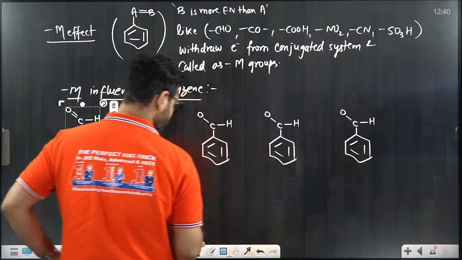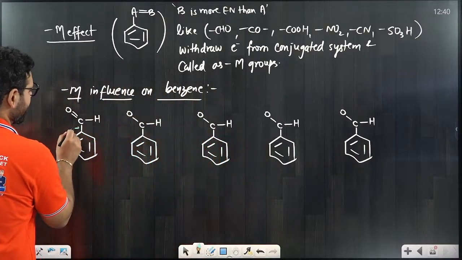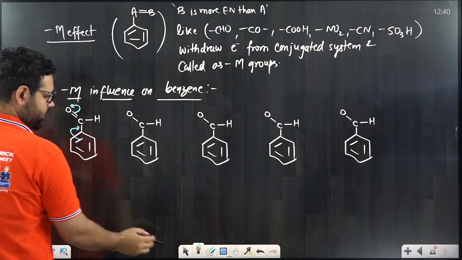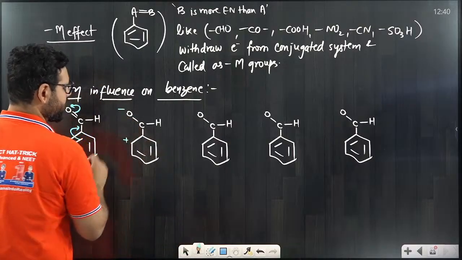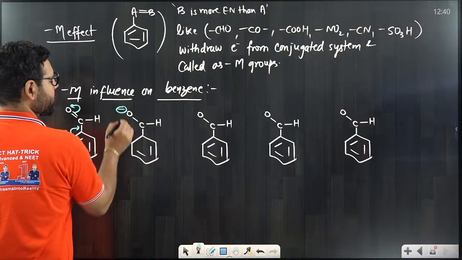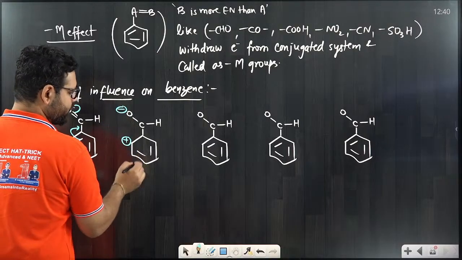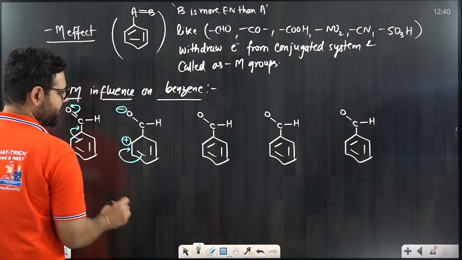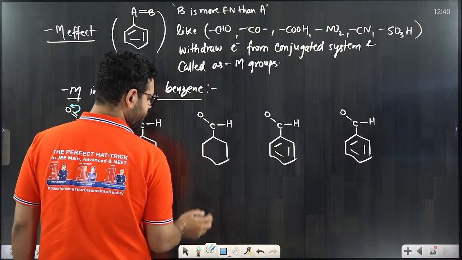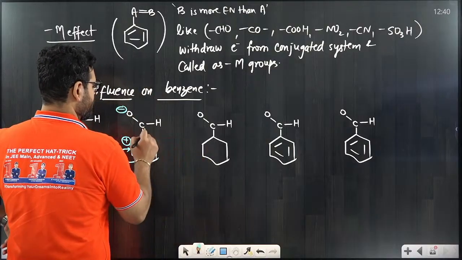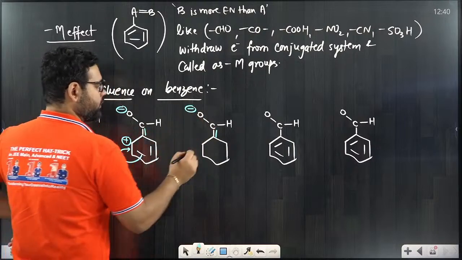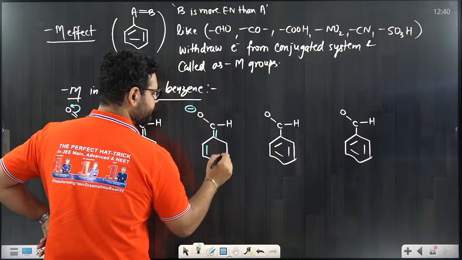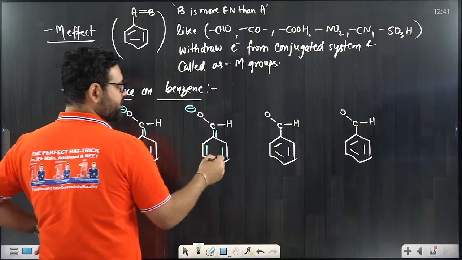So this is what we'll do. Pi becomes pi, pi becomes minus. So we get a negative charge here and a positive charge here. Now there is a conjugation between plus and pi. So we can say pi moves ahead. So we get a positive charge here. Now this pi and this plus can show conjugation.